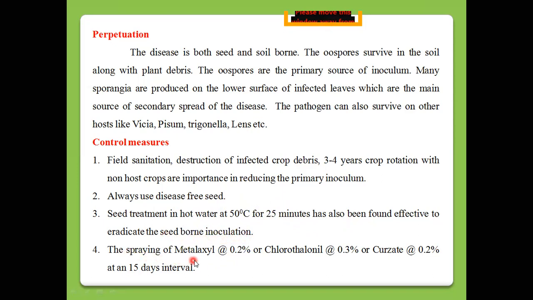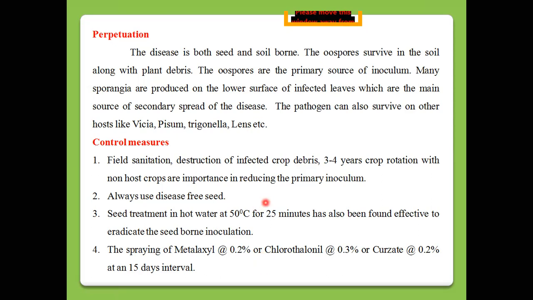And the last one, spraying the crop with metalaxyl at the rate of 0.2%, or chlorothalonil at 0.3%, or Curzate at 0.12%. This fungicide is applied at an interval of 15 days. So you can avoid or prevent the downy mildew pathogen on the pea plants.